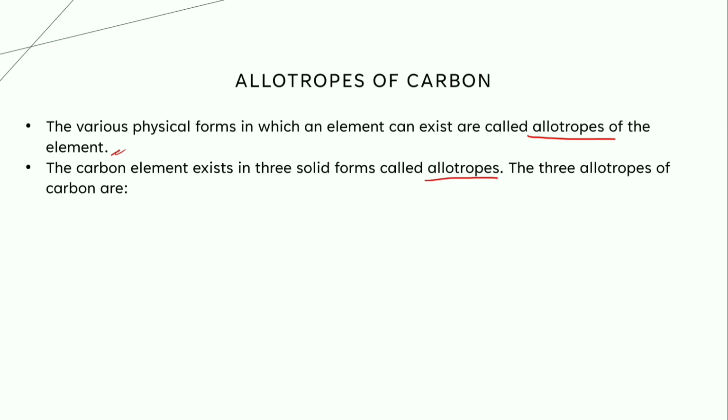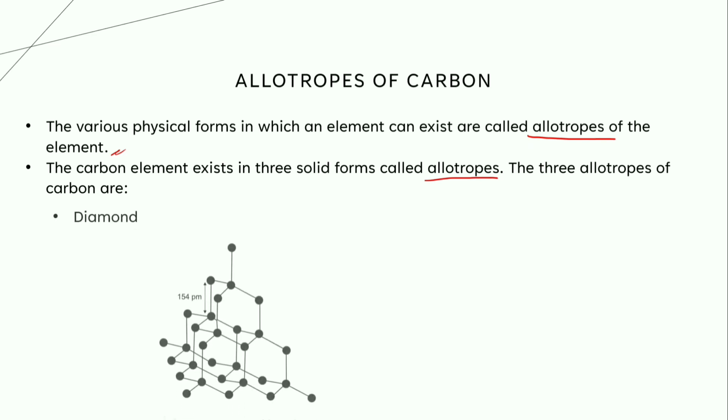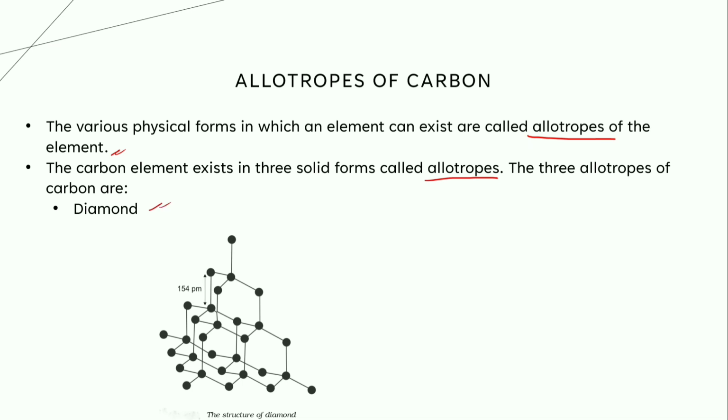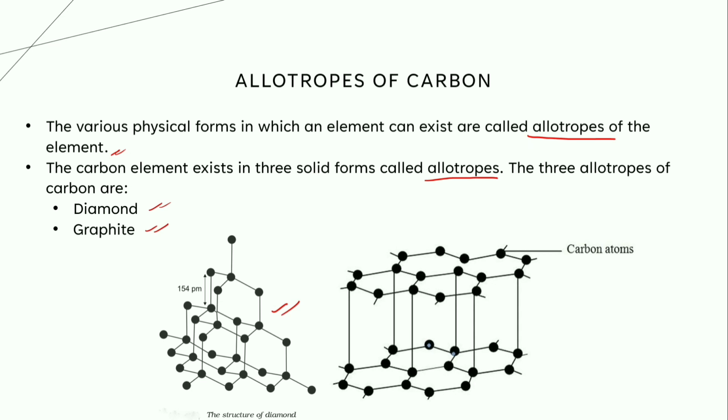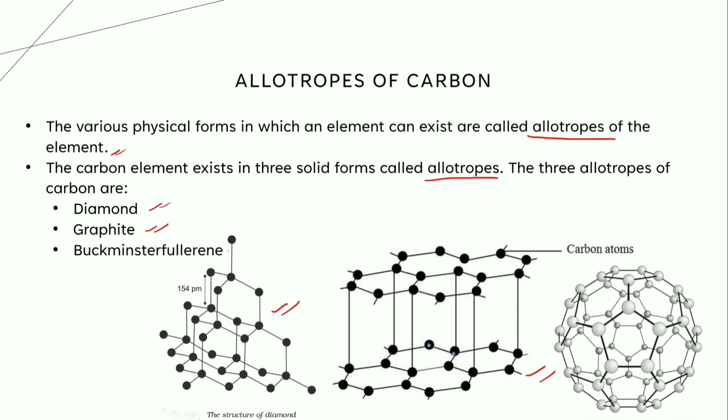The three allotropes of carbon are diamond, and this is the structure of diamond, graphite, this is the structure of graphite, and Buckminster fullerene, this is the structure of Buckminster fullerene. We will study about these three allotropes of carbon in detail in our next video.